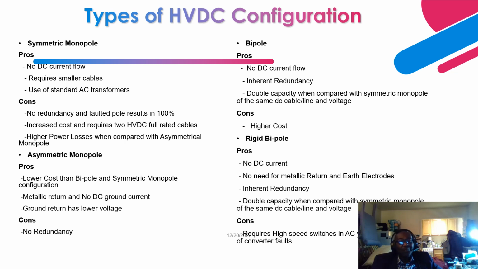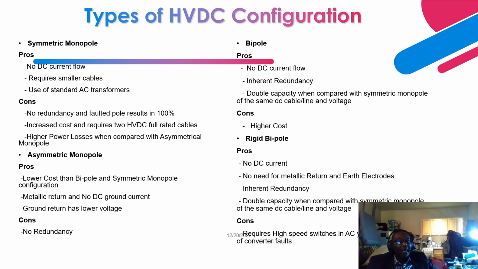Except for the asymmetric monopole, where for the positive or the negative pole you can have a full rated cable. But for the return, which can be done through the subsea, or a ground return, or a metallic return, you don't have to utilize a full rated cable, and the cost can be very low.